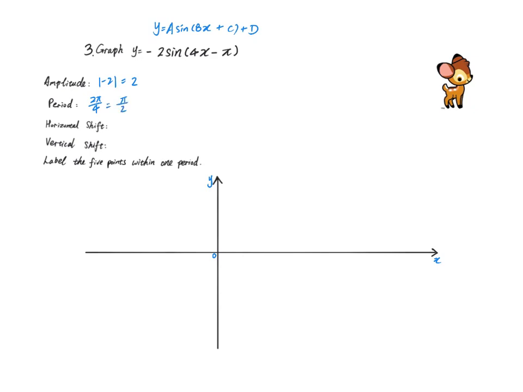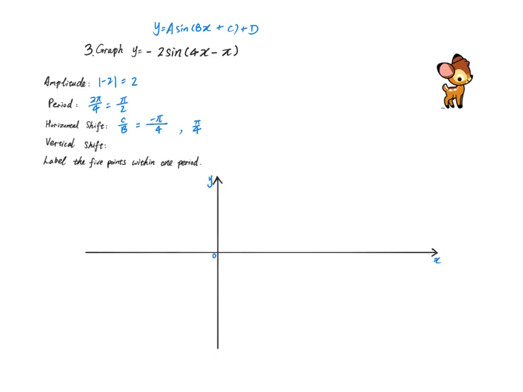Horizontal shift, the formula is c over b, where c is negative pi over 4. So this value is negative. If c is less than 0, which way are we going?